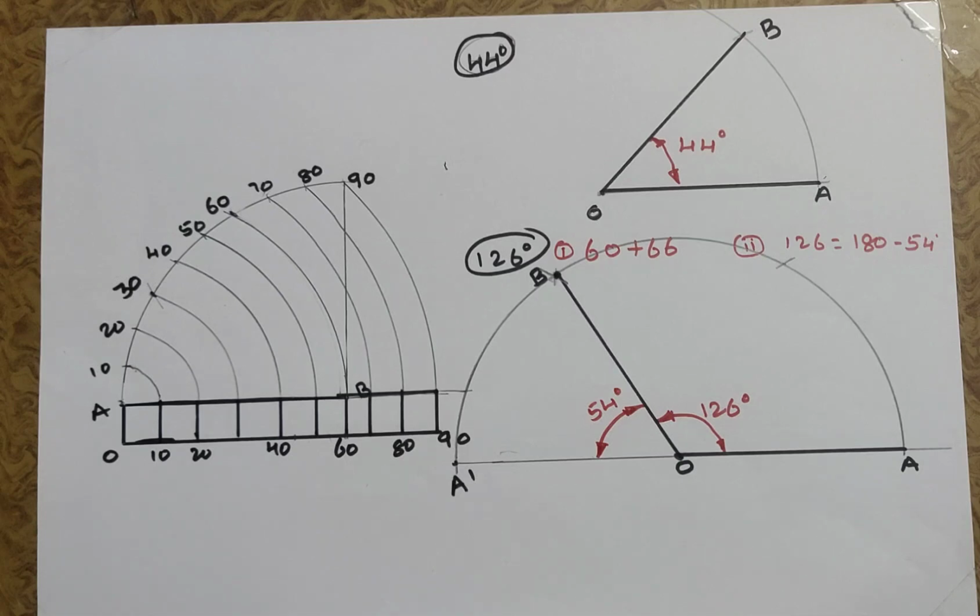After constructing like this, measure with a protractor and you can know how much angle it is. Now another question: how can they give it for this particular case? Normally they will give the three sides of a triangle. For example, let us consider one particular problem. They gave three values over here.